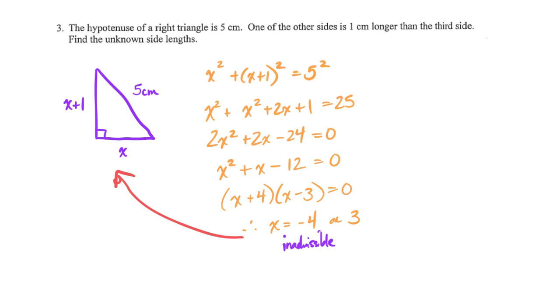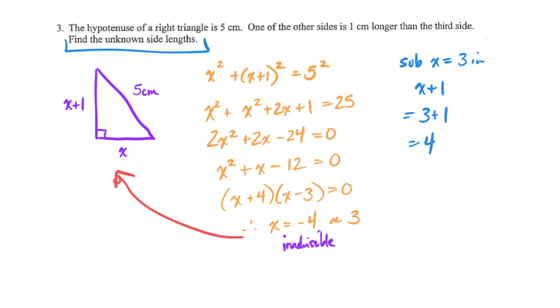Okay, the question asks me, find the unknown side lengths. I found one of them. Now I need to find the other. I do not need to see you write sub x equals 3 into x plus 1, 3 plus 1, 4. Guys, I think that it's beneath you to have to write and show.